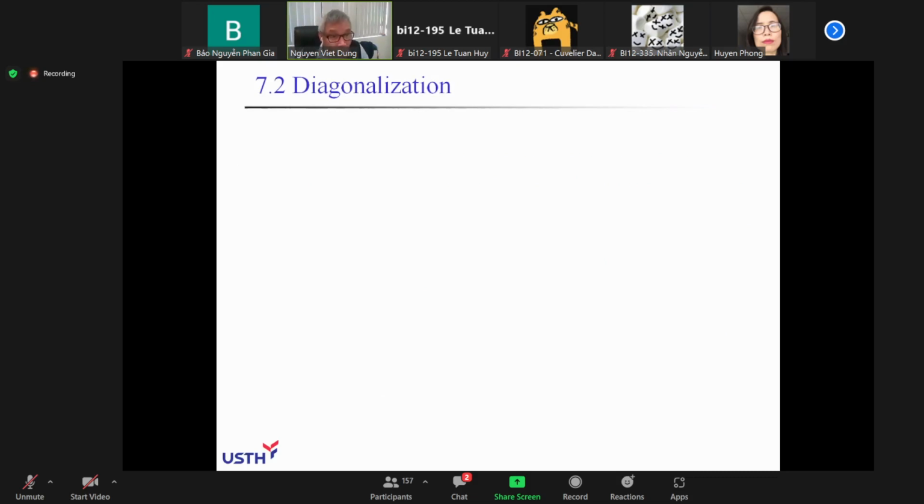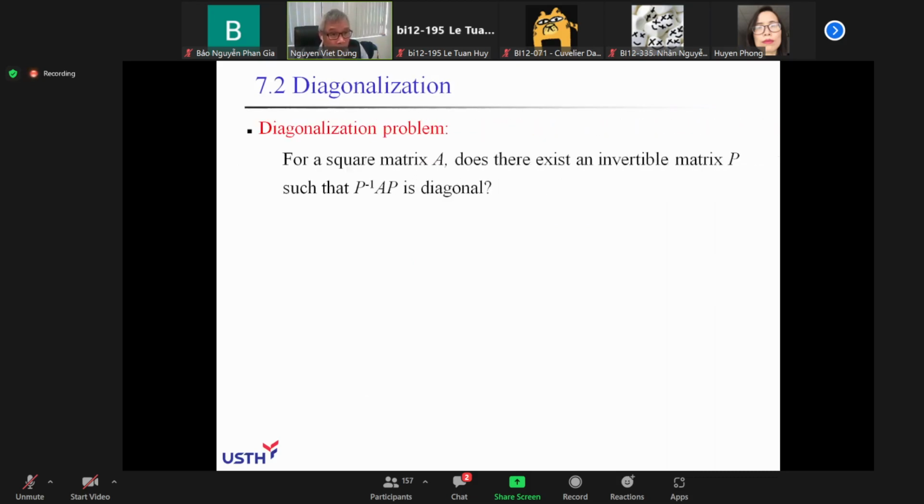With that, we are going into the section about diagonalization. So what is diagonalization? Suppose that you are given a square matrix A, and you are required to determine if there exists an invertible matrix P so that P inverse multiplied by A multiplied by P will be a diagonal matrix.